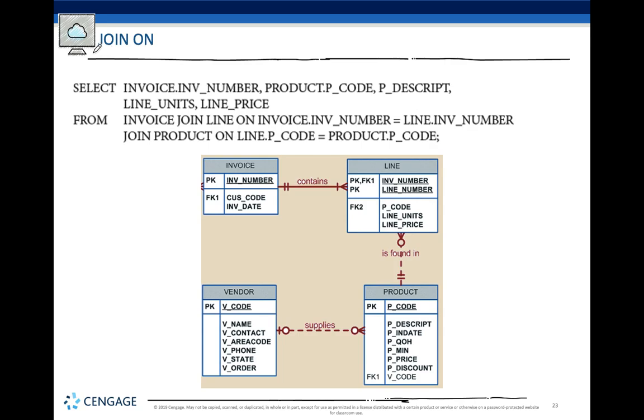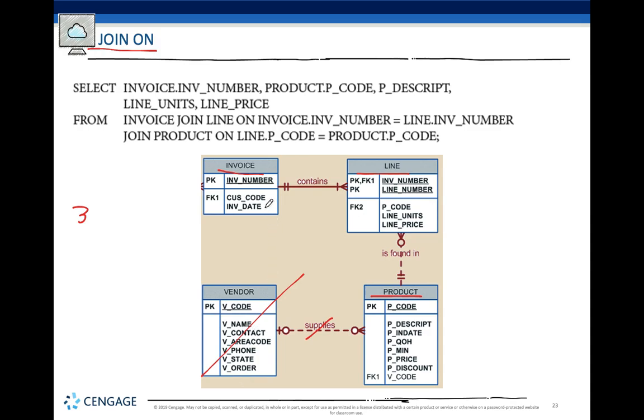Now let's take a look at an example with join on. Now in this particular example, we are actually joining 3 tables, right? And what are the 3 tables? We have invoice, line, and product. Ignore the vendor table here in the screenshot.